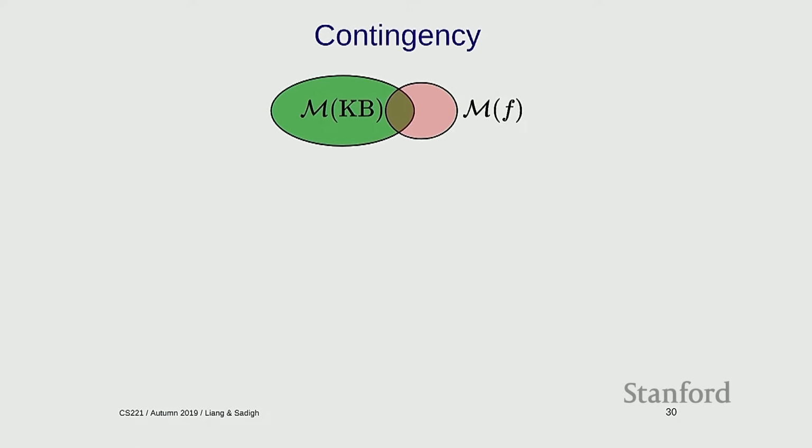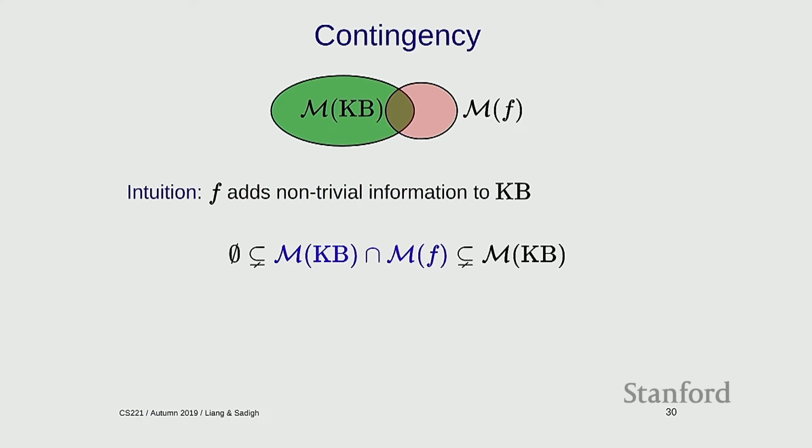Okay, so the third case is basically everything else. It's contingency, where F adds a non-trivial amount of information to a knowledge base. So the new set of models, the intersection here, is neither empty nor is it the original knowledge base.